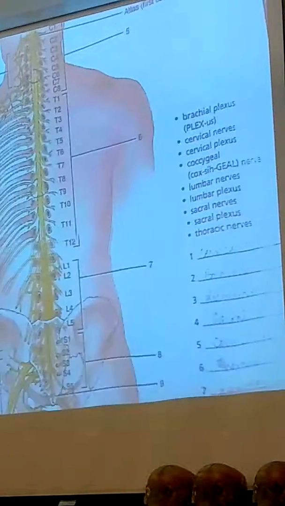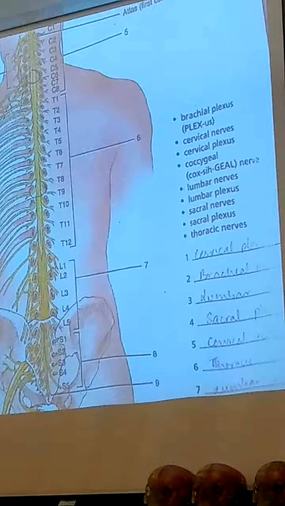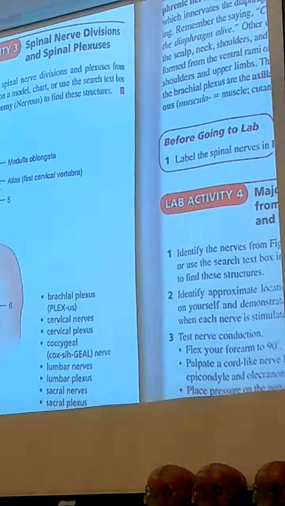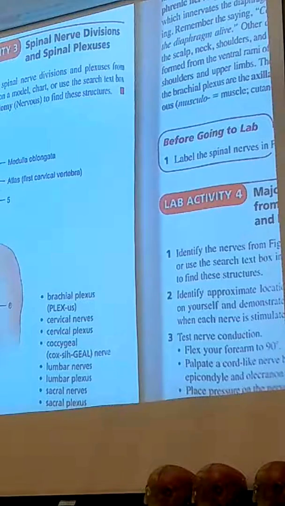You need to remember these plexuses, which spinal nerves form a particular plexus and which major nerve comes out of that plexus. Besides that, you will have this model for the identification of the spinal nerves. Alright, so with this we are done with the spinal cord: exercises 16, 17 and 18.